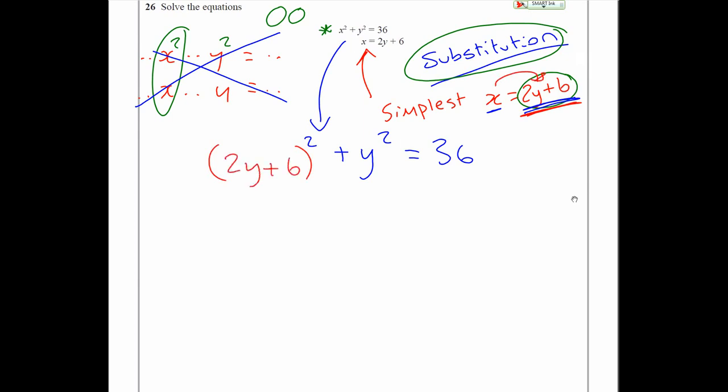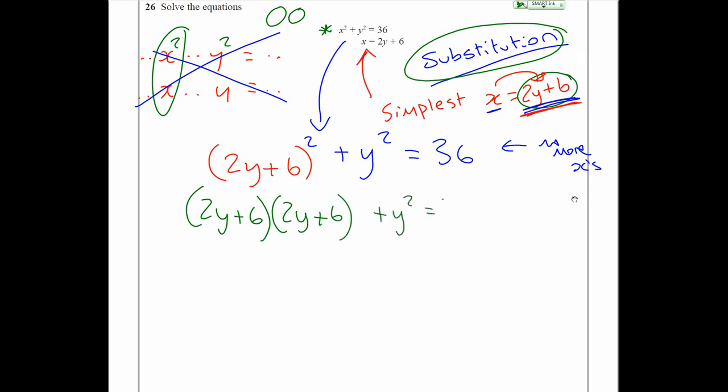And this time it's some more algebra. So this is our new equation. And can you see we've managed to eliminate x's? Now here, no more x's. Okay? So it does the same thing as the other method. Now, 2y add 6 all squared is 2y add 6 times 2y add 6, add y squared is 36.